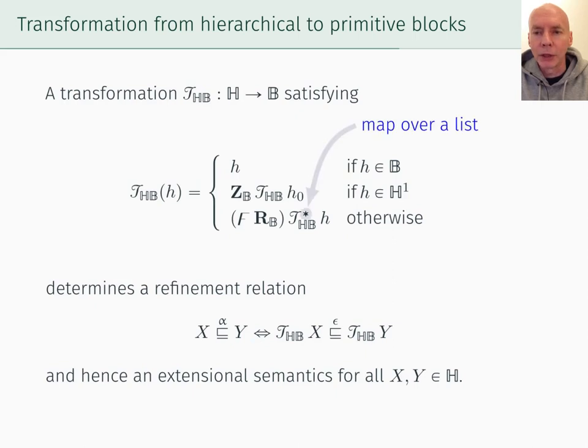And here I'm using this notation for mapping a function over a list. In any case, once we have THB, we also have a concept of refinement over hierarchical blocks, induced by refinement over primitive blocks. That is, we convert two hierarchical blocks into primitive blocks and then test them for refinement that way. So that was the easy part.